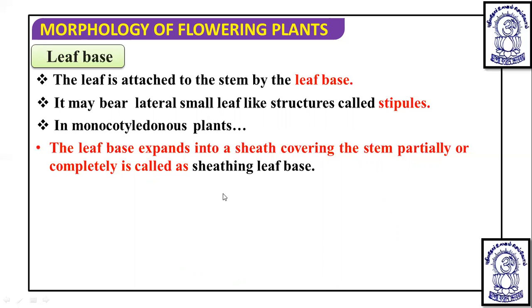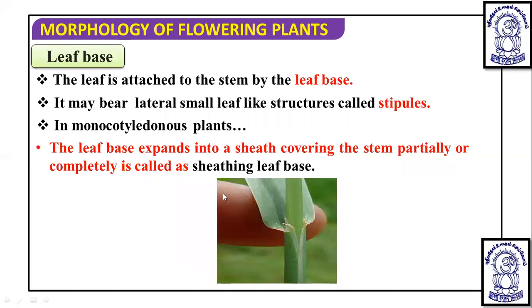You can see this is the sheathing leaf base. This whole is a leaf base, but it is covering this stem completely. This type of sheathing leaf base is found in monocot plants.